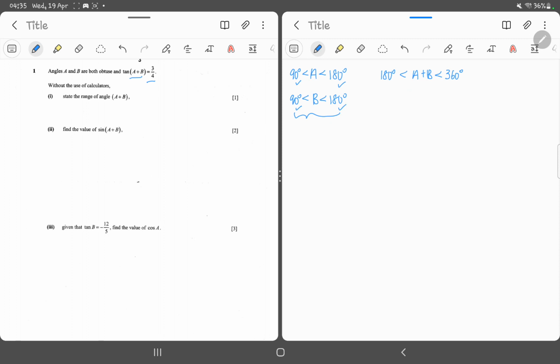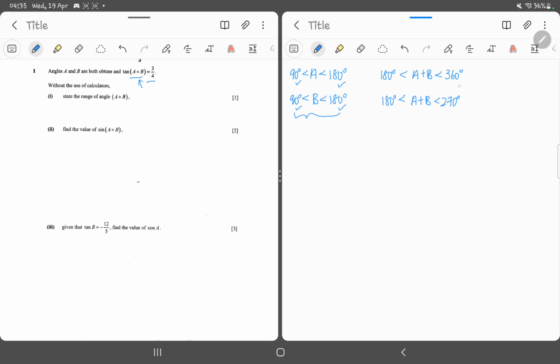But the question also tells us that tangent (A plus B) is equal to 3/4, which means that A plus B must be between 180 degrees and 270 degrees.